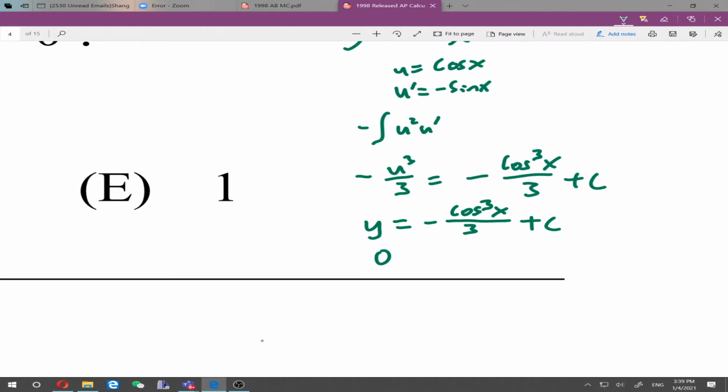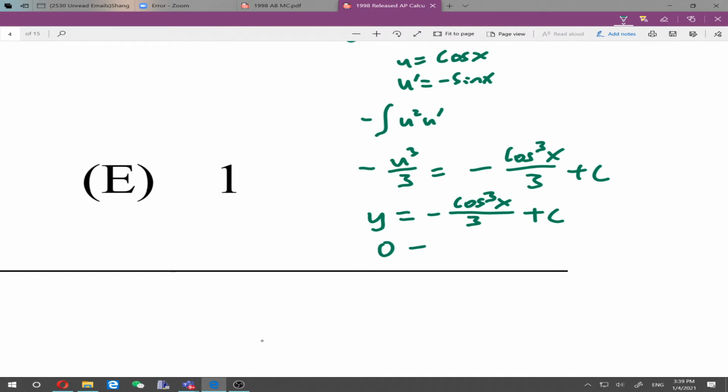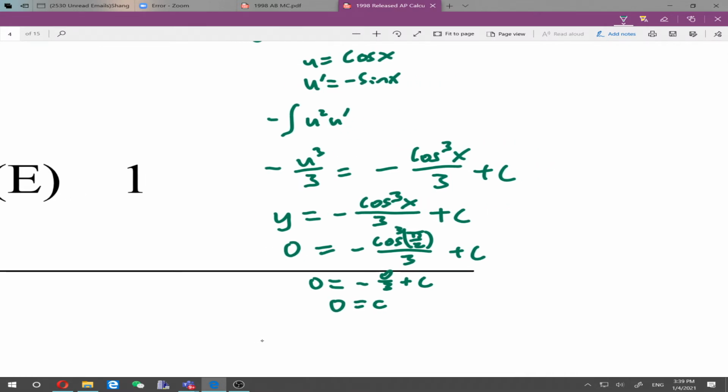When y is 0, x is pi over 2. What is the cosine at pi over 2? 0. So this means this is negative 0 over 3 plus c, so therefore c is 0. So that means y is equal to negative cosine cubed x over 3 at any point you want.